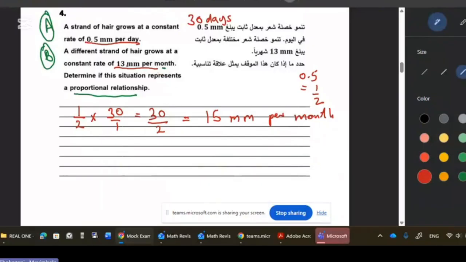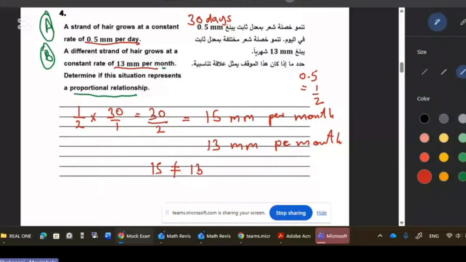Now, I want to compare these two if they are the same. Now, I can see the other one is 13 millimeters per month as well. Right. So 13 and 15, are these same? No, these ones are not the same. So because of that, we can say that 15 is not equal to 13 millimeters.